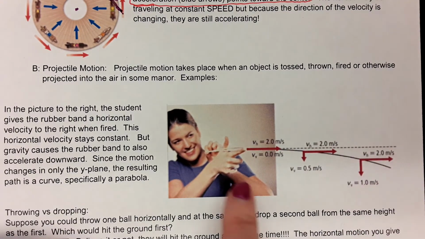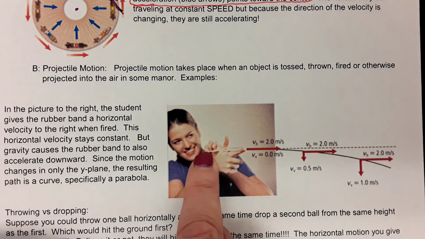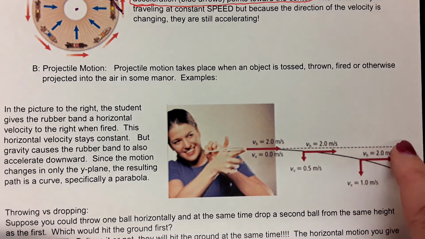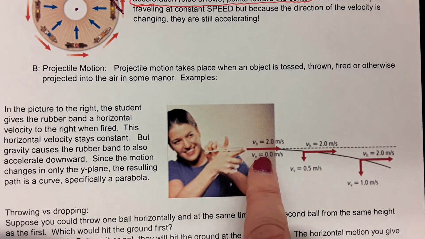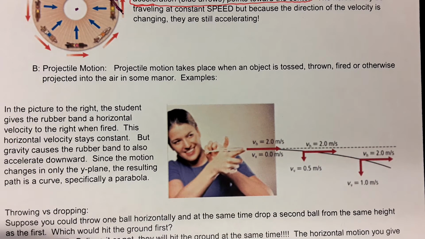When she does, she gives it a horizontal velocity. Notice she's pulling it back horizontally. So when she lets go, it's going to fly forward in a horizontal direction. But then, after it leaves her hand, it's also going to start falling due to gravity. It's going to accelerate down.